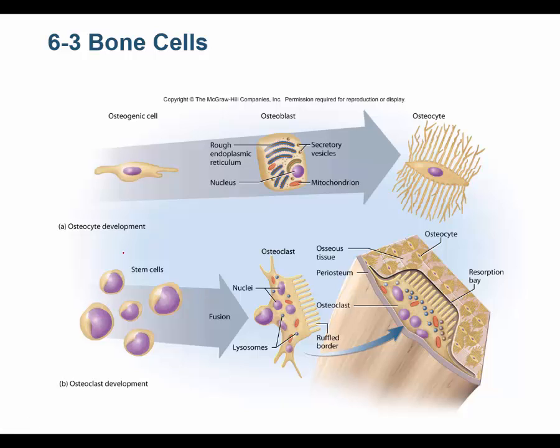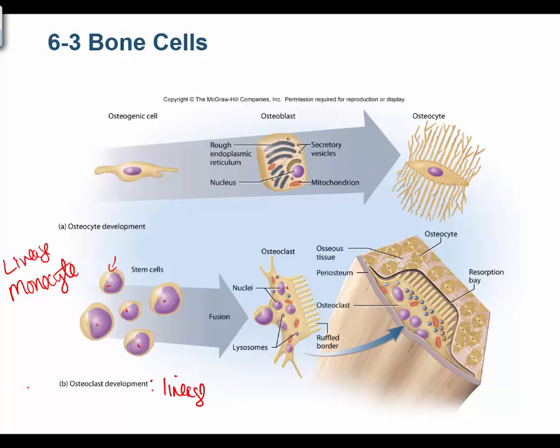I'm going to tell you something pretty cool here. You can see the lineage here. You have stem cells becoming osteoclasts, and it's really a fusion of a bunch of these cells which give an osteoclast its multinucleated appearance. Now, what I'm going to tell you is kind of cool. The lineage that osteoclasts come from is the same lineage that monocytes come from. So it's the monocyte lineage.